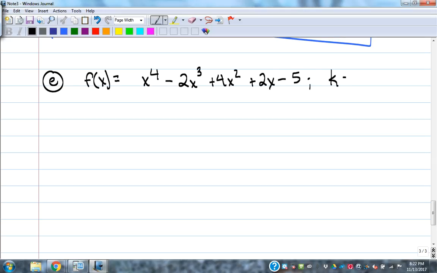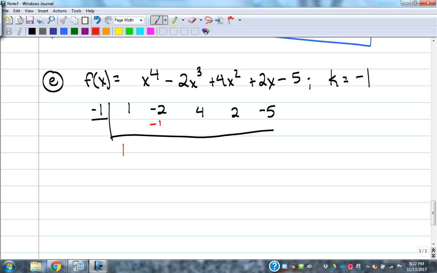We want to check k equals -1. -1 on the shelf. Roll it through synthetic. Multiply, add.